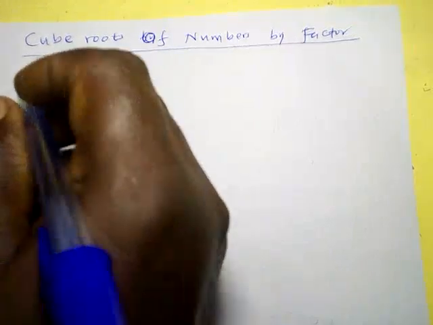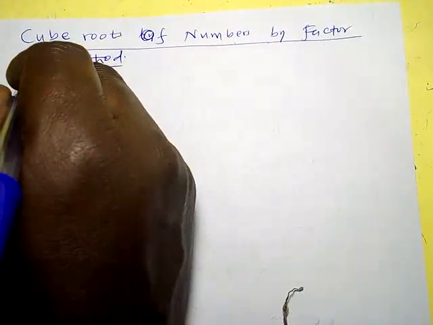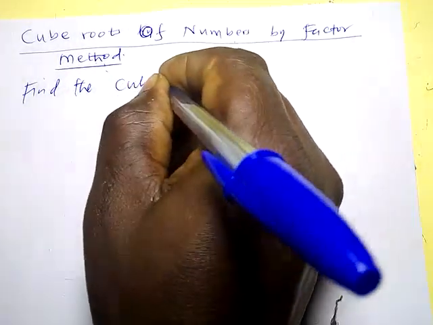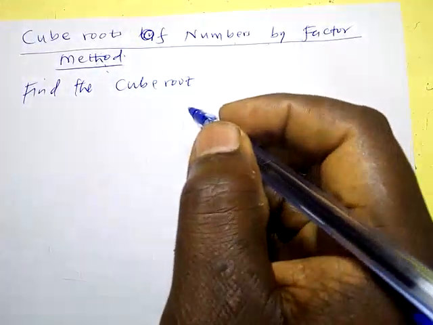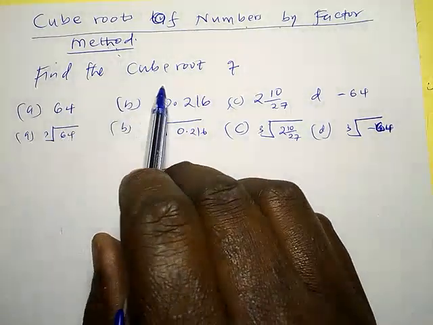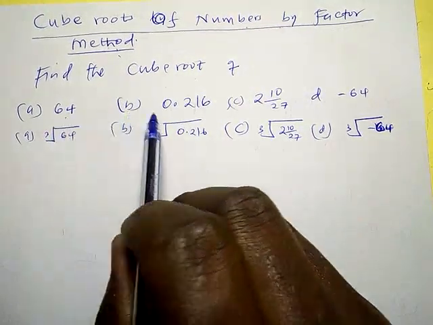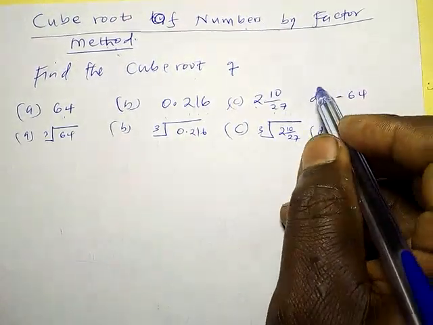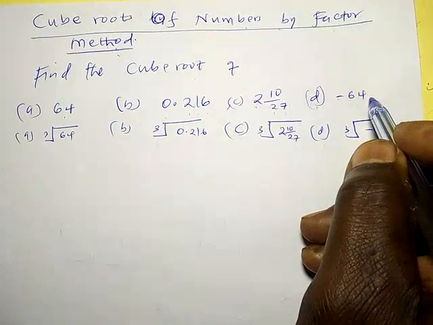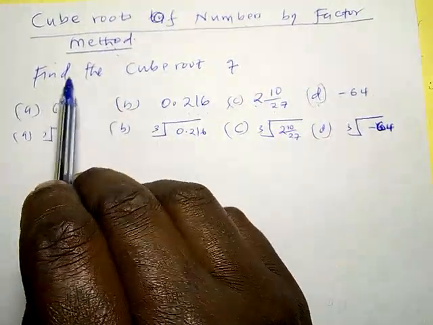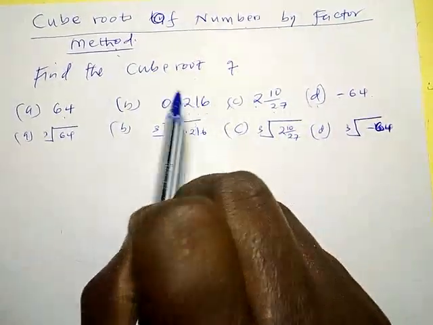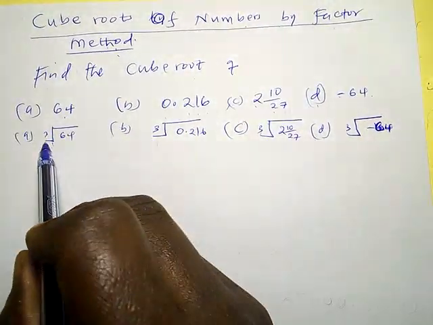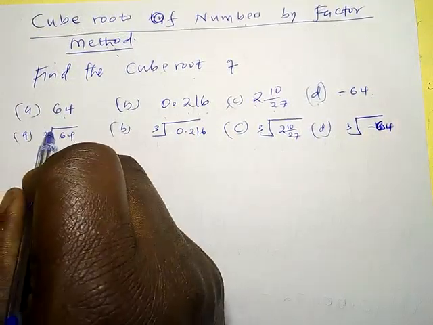For example, find the cube root of 64, 0.216, 10/27, and D is negative 64. If somebody asks you to evaluate or find this, the sign means the cube root.